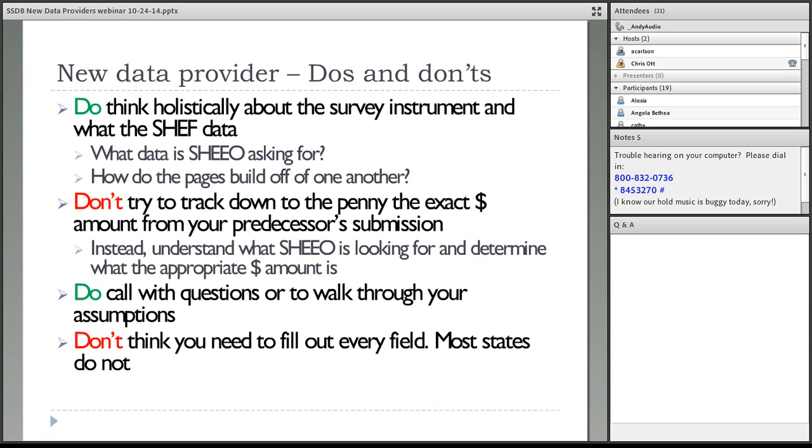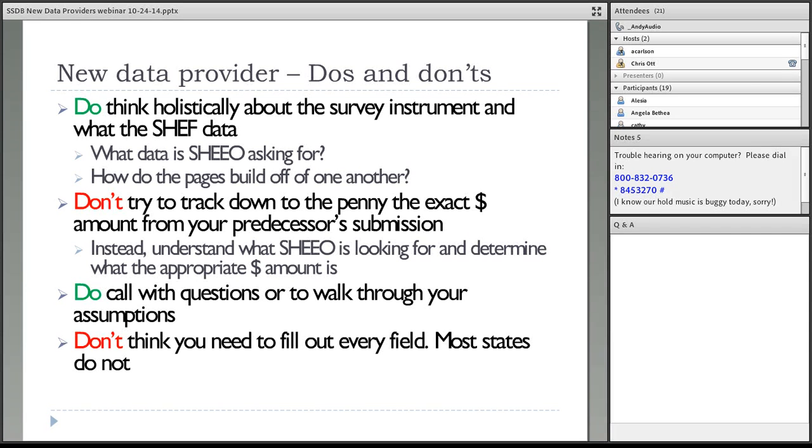What you shouldn't do is take a look at the data your predecessor provided and try to tie out to the penny, or the dollar amount, that exact amount from your predecessor the year before, because that's just not the way to do it. The number's going to be a little different than what you think it might be, and that's just going to lead to confusion, wasted effort, and a lot of frustration.